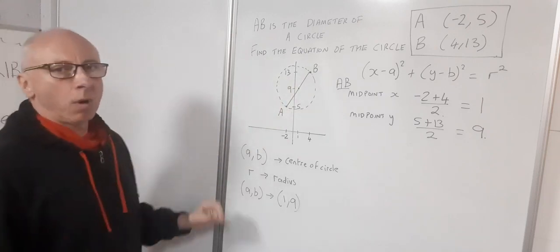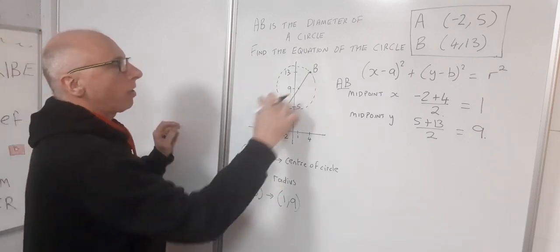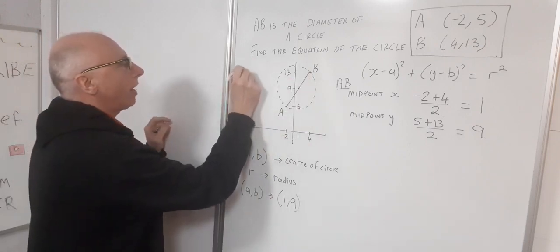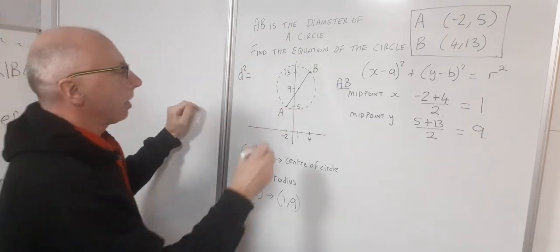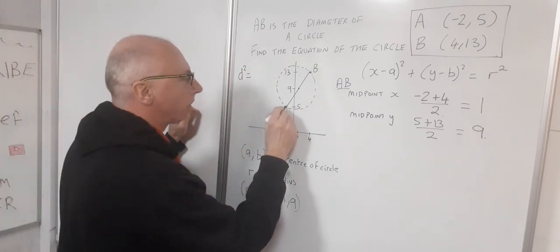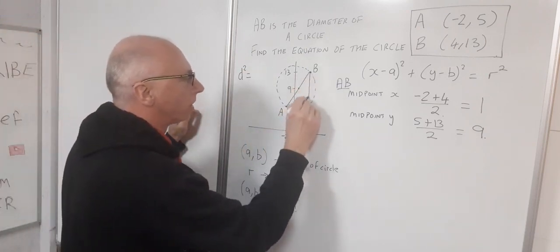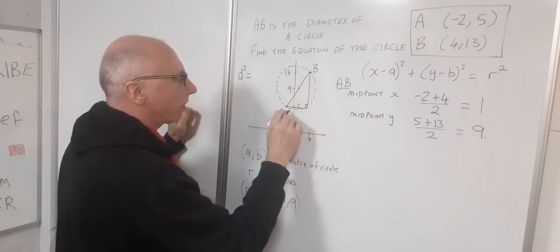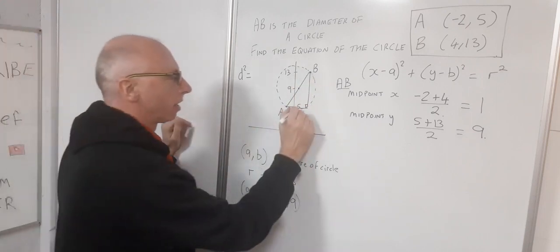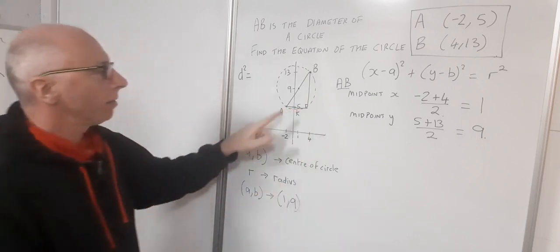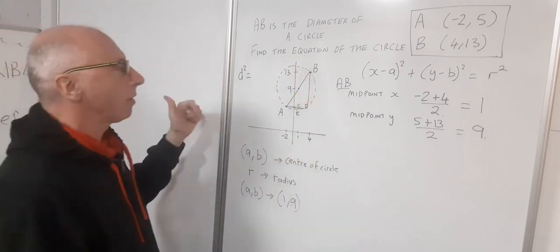So let's have a look what that could be. We'll call this the diameter. So the diameter squared equals this line here. So let's just draw up a nice little right angled triangle. The length of this side here, I'm going to call that K, and my height of this triangle, I'm going to call that J.